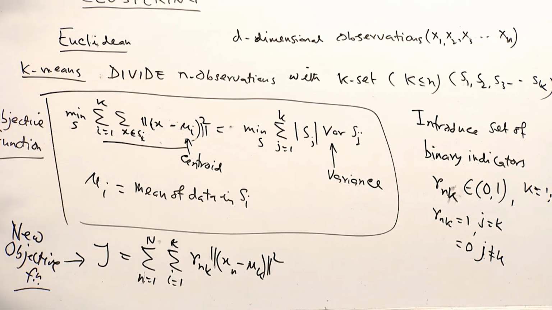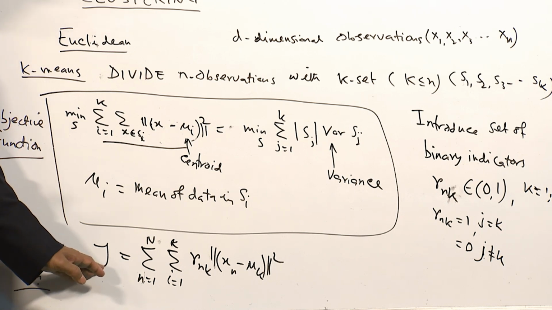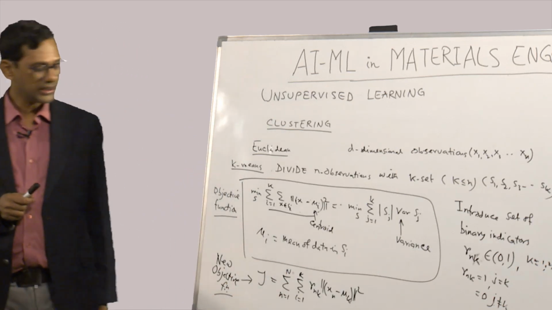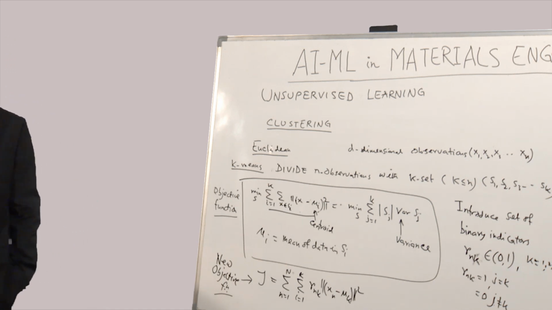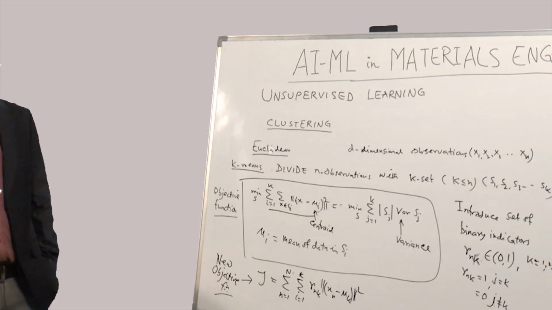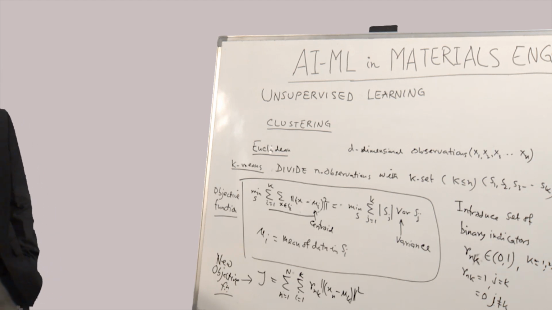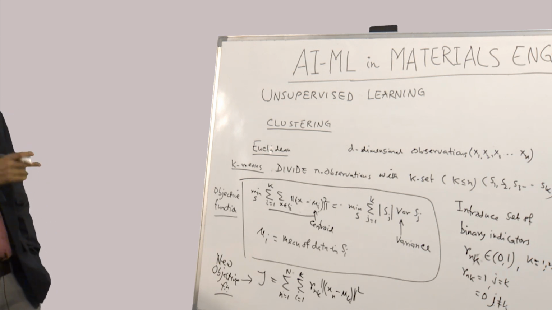It is very easy: J is a linear function of R_nk. Therefore, optimization can easily be performed to form closed-form solutions.